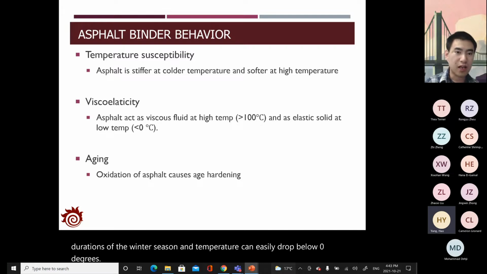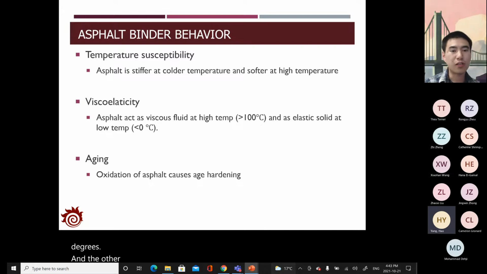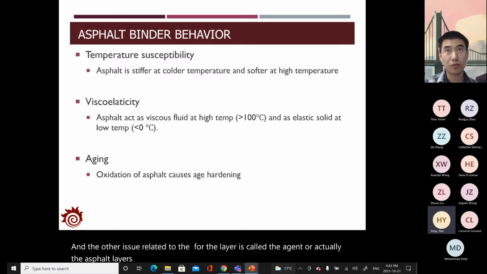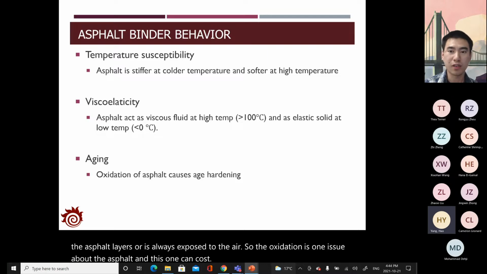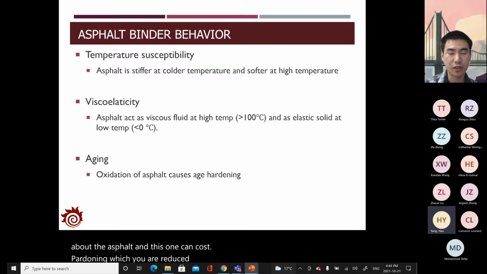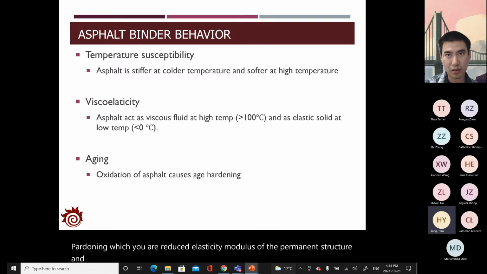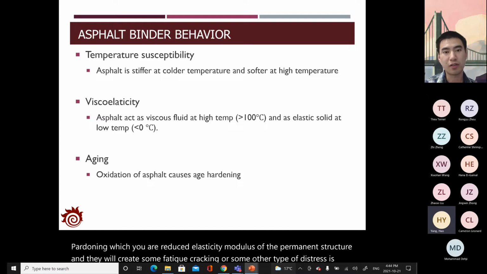And the other issue related to the asphalt layer is called aging. Actually, the asphalt layer is always exposed to the air, so oxidation is one issue about the asphalt, and this can cause age hardening, which will reduce the elasticity modulus of the pavement structure, and they will create some fatigue cracking or some other types of distresses when the pavement structure is old.